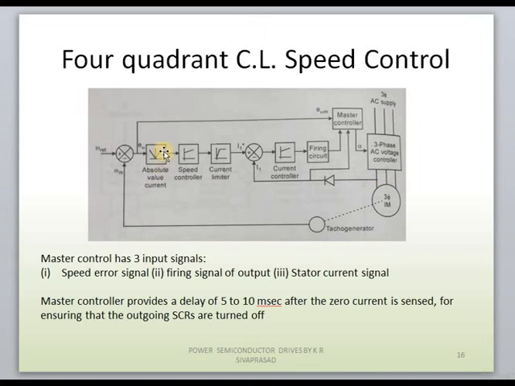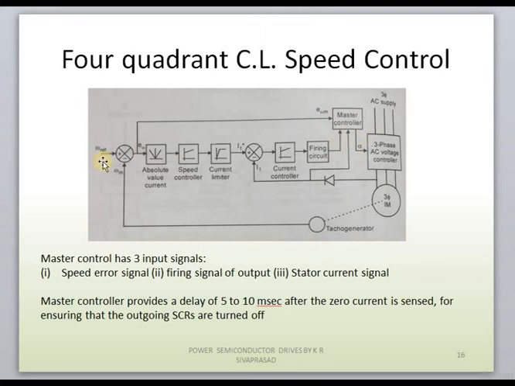The absolute value of current will always produce a positive value. That means if you are generating a negative value, it will produce a positive value for the remaining blocks also. The remaining operations are same. Only thing is the master controller should be added here. The master controller has 3 input signals: speed error signal, firing signal output, and stator current. If the error is negative, the master controller will operate in negative speed.